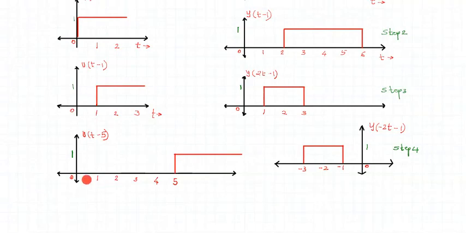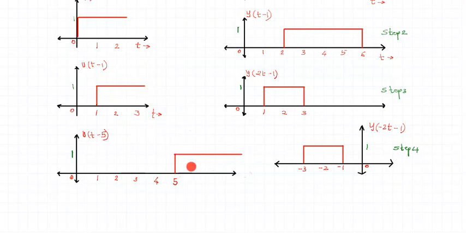Instead of starting at 0, it starts at 5 and remains with a magnitude 1 for all the remaining time instants, up to infinity. We have not terminated the signal, which means the signal goes to infinity. So we have obtained u(t minus 1) and u(t minus 5).